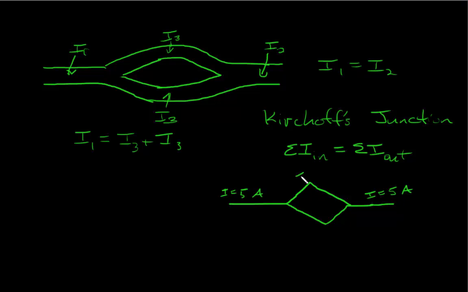And then let's say this side is 3 amps. Then what's this one got to be? Well, since the 5 split and we know that the total in has to be equal to the total out, this part right here is the out part. So we know that 3 plus this has to be equal to 5, so it's going to be 2 amps. That's all that it says. That's Kirchhoff's junction rule. Let me show you another one.